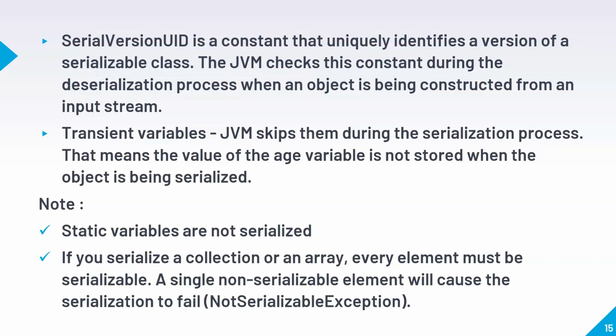Even if your custom class has custom objects within it and they are not serializable, then your serialization will fail if they are not marked as transient. Got it? So every object within the particular class that you want to serialize needs to be serializable.